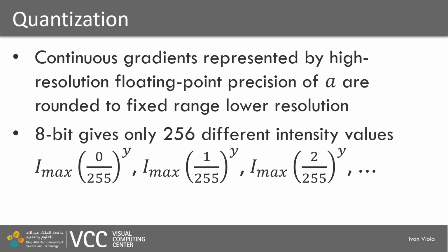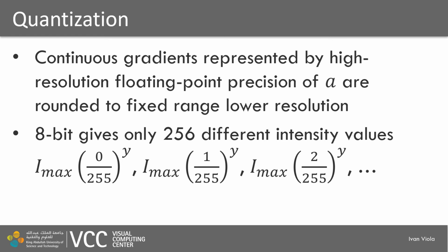So, as I was talking about the quantization before, if we have a high resolution floating point representation, and this is then rounded into the fixed range lower resolution, we can end up with quantization artifacts.